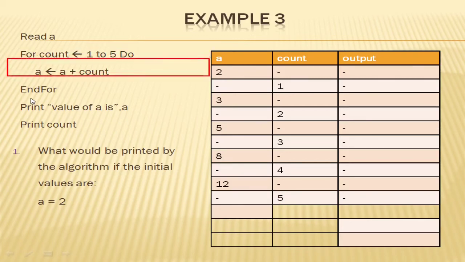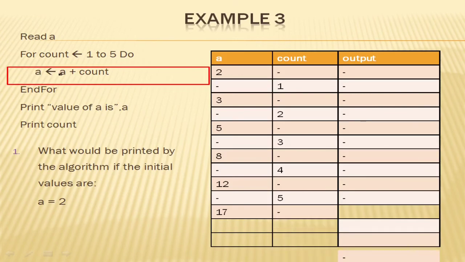So we move down to the next line, right, and it says a equal a plus count. The last value for a was 12, and the last value for count was 5, right? So if we have a equal a plus count, it means that the a here will be 12 plus the value for count, the last one is 5, so we put the 5 here, and we would say a equal 12 plus 5, which is 17.